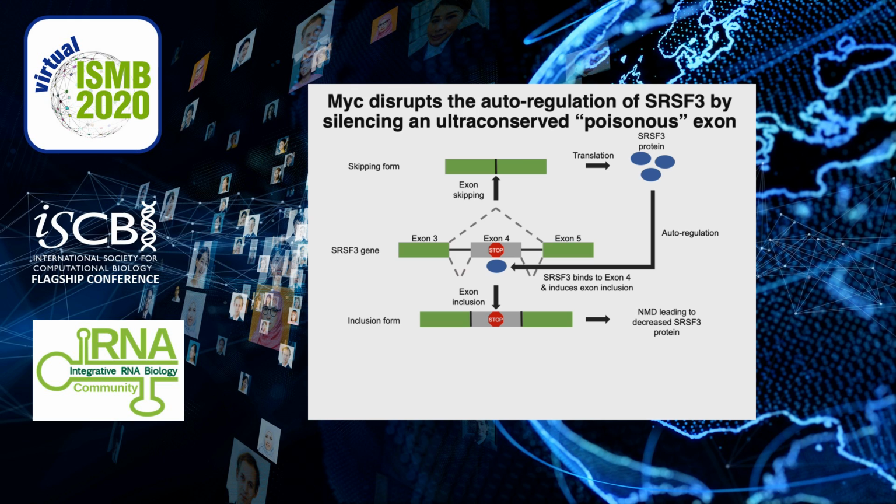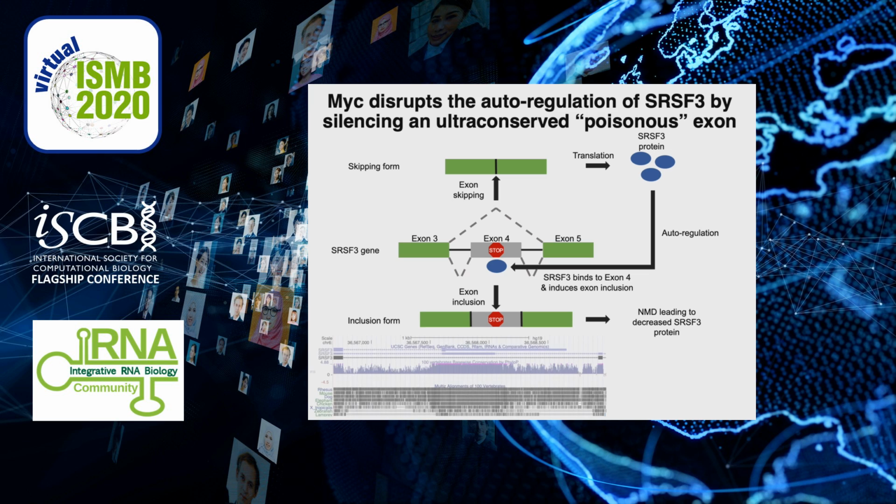So this autoregulatory loop is actually not a new mechanism. It was discovered more than decades ago and exists in many SR protein families. It has also been shown to be evolutionarily conserved.